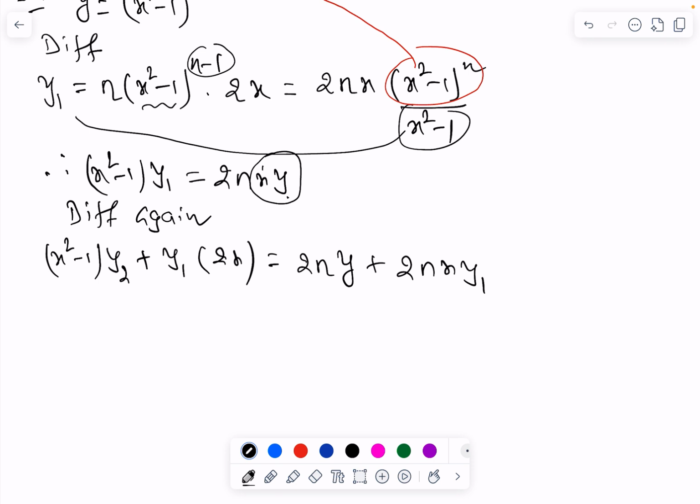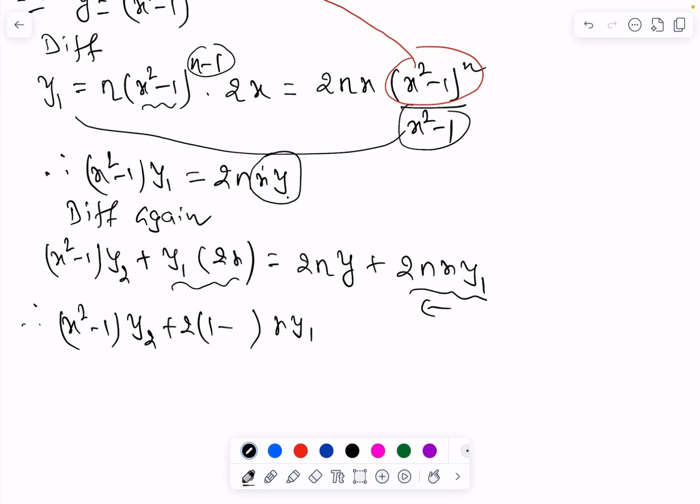Okay, it will simplify. This is (x square minus 1) y2. This is 2xy1, 2nxy1, so this we can take on this side. So plus 2xy1, this is 1 here, 2xy1. So minus n here, and is equal to 2ny.